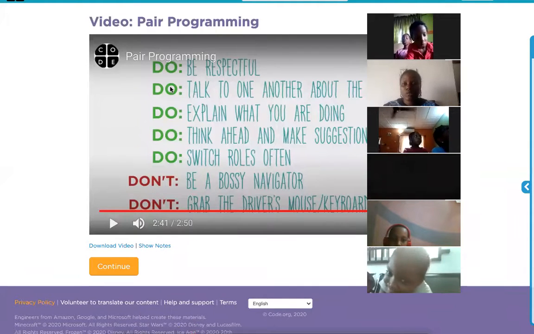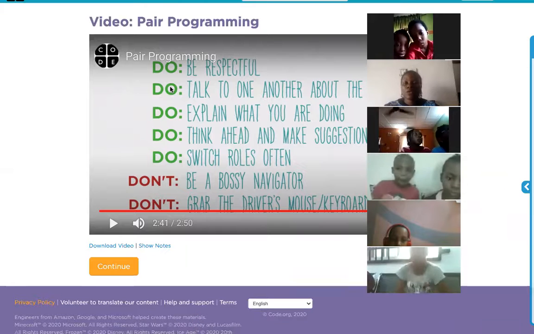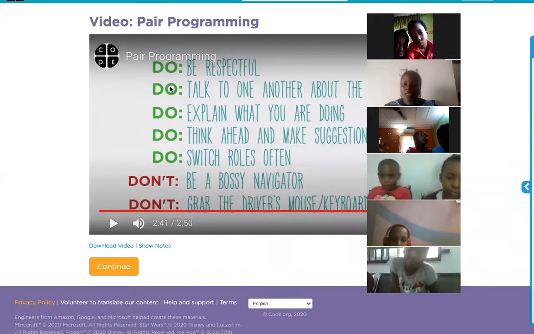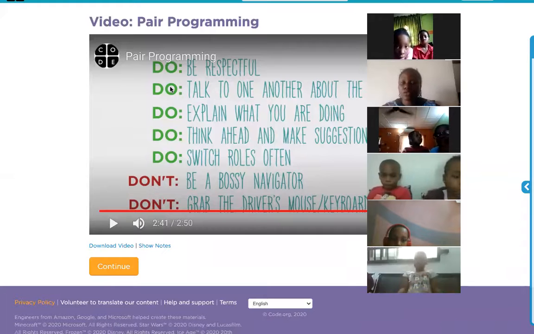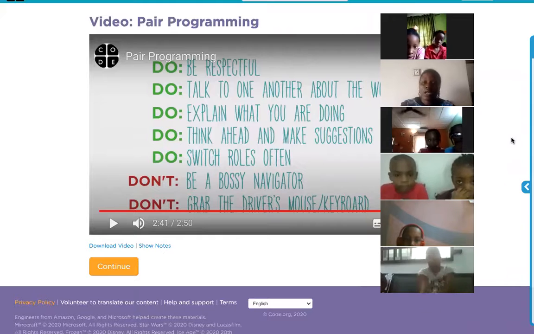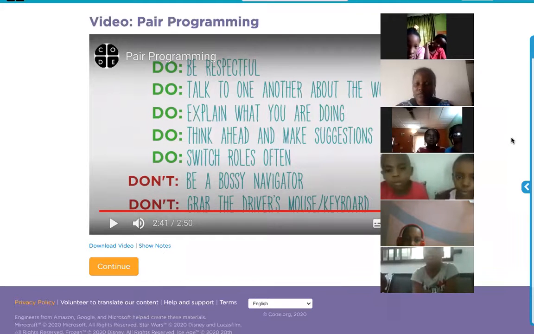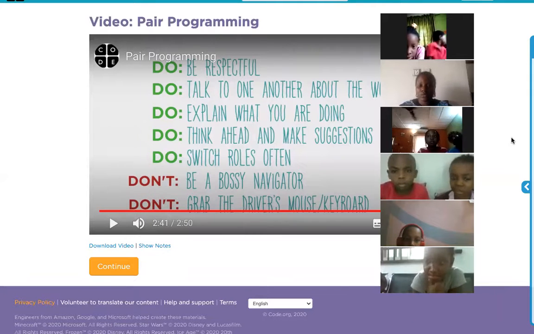Talk to one another about the work, explain what you are doing, think ahead and make suggestions. Lastly, switch roles often. The don'ts: don't be a bossy navigator, and don't grab the driver's mouse or keyboard.